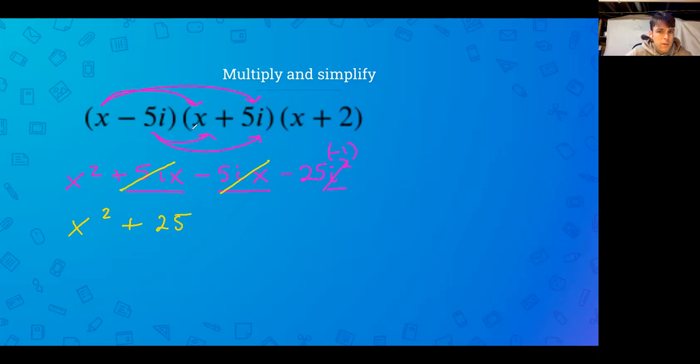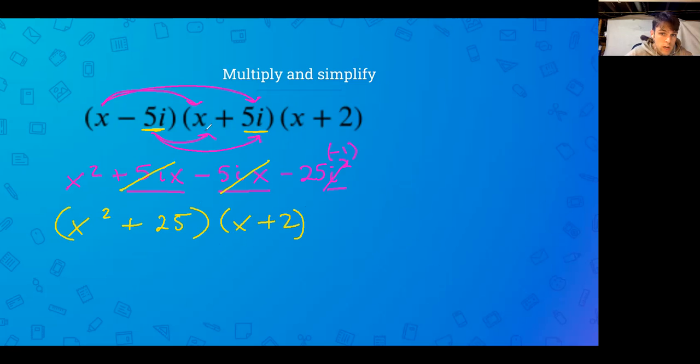So these two here, when they multiply together, even though they had imaginary numbers in them, I actually got no imaginary numbers at the end with this result. And now we need to further multiply that by x plus 2 to finish this off. The reason that happened is because these are conjugates.